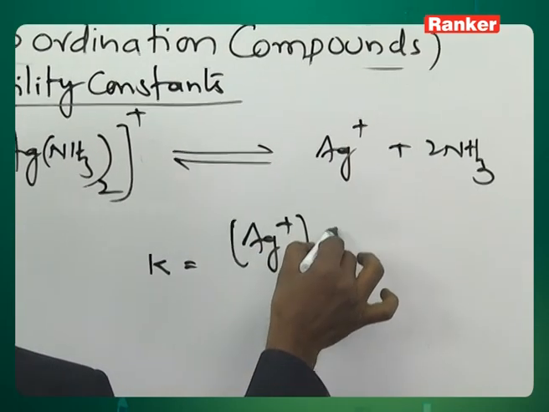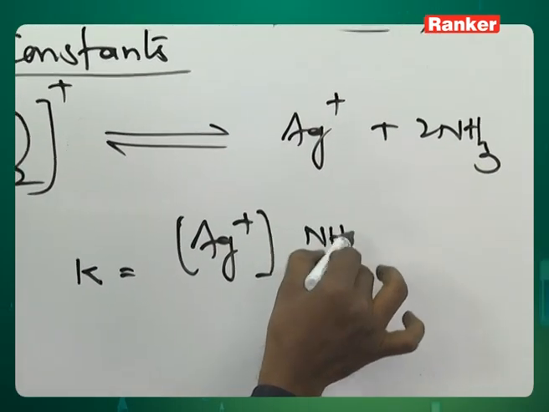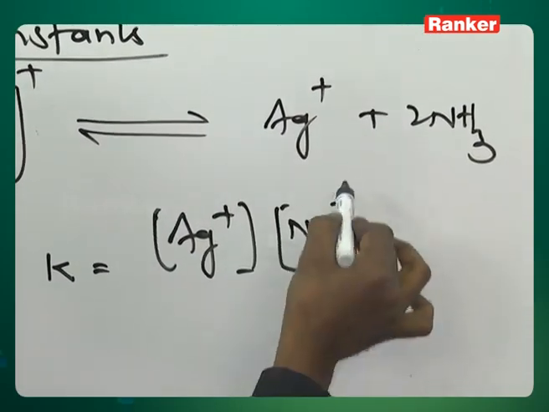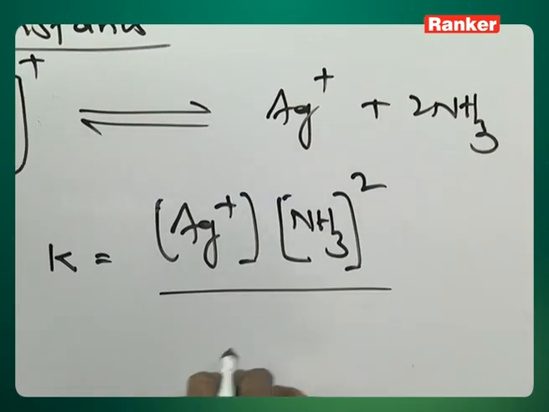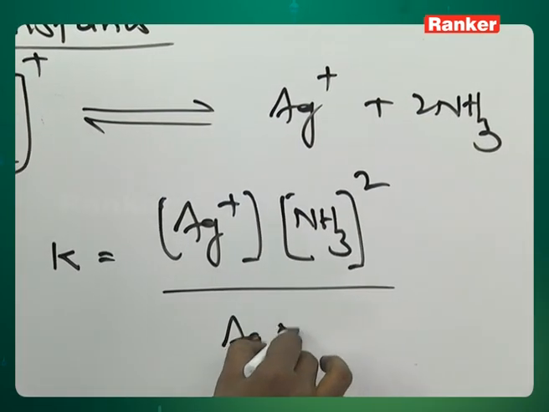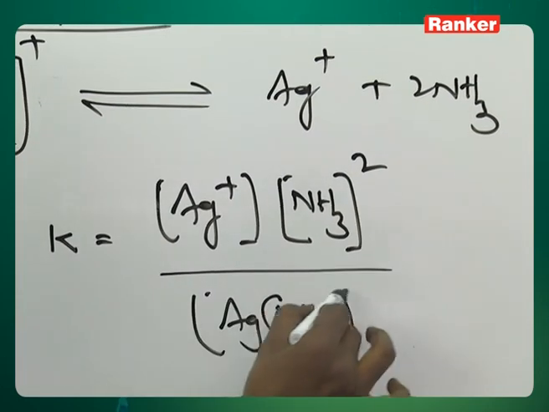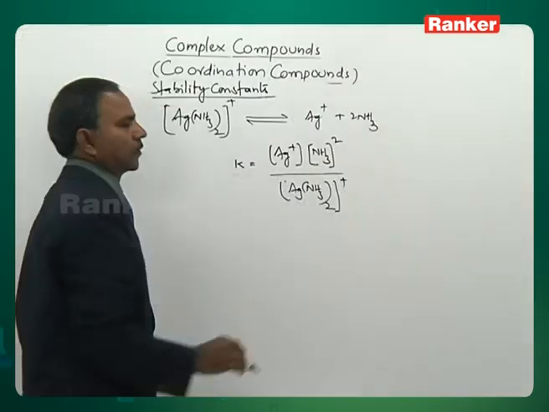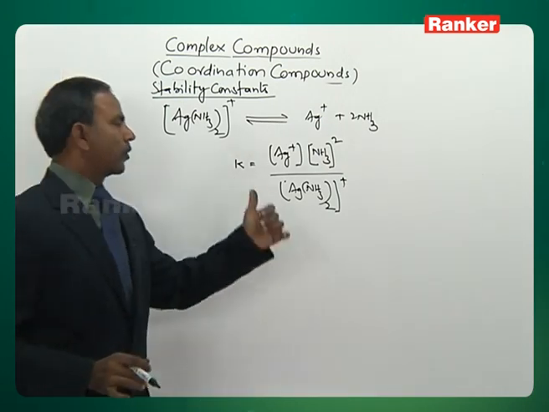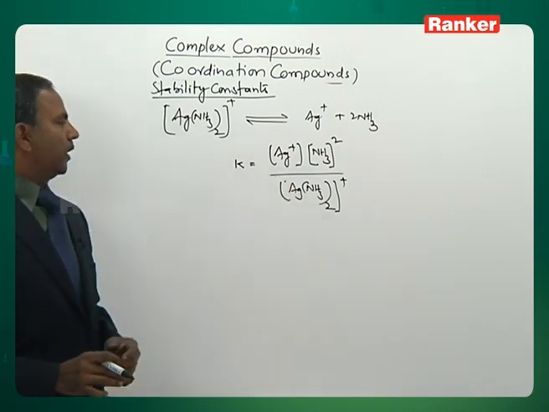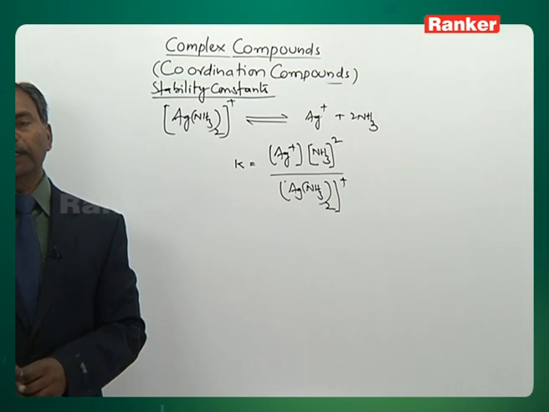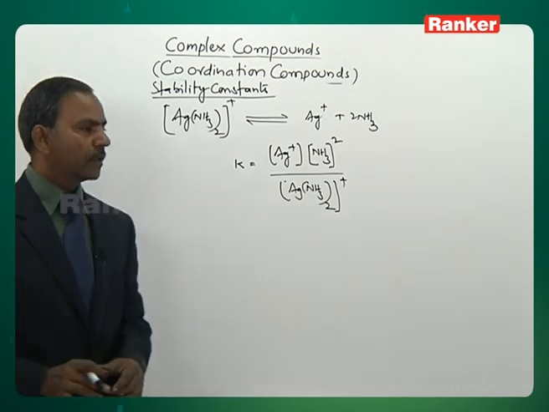Ag+ plus 2 NH3 from [Ag(NH3)2]+. This is the equilibrium constant for this particular reaction: K equals [Ag+][NH3]^2 over [Ag(NH3)2]+.